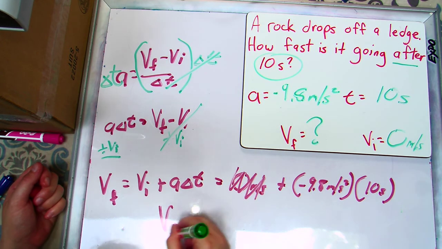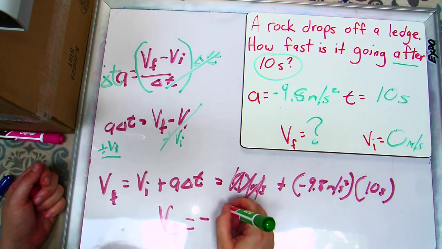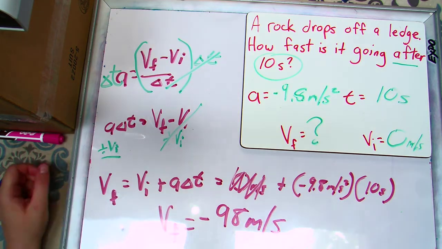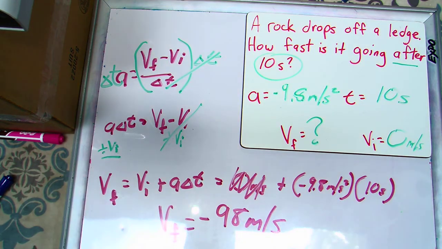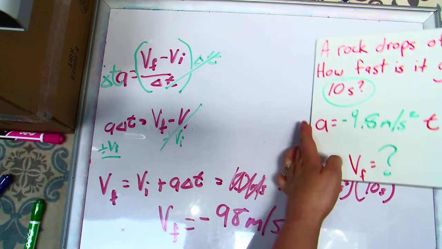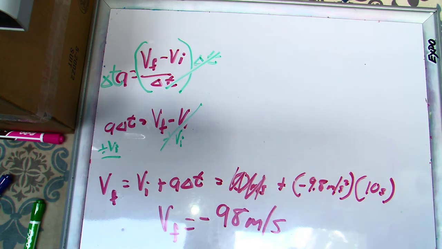So the final velocity equals negative 98 meters per second. Negative, once again, just means a direction. It is moving downward, so it has a negative velocity, or in other words, 98 meters per second downward. That's all that the negative sign means. Not horrible? I hope not. Alright, let's look at a couple more.